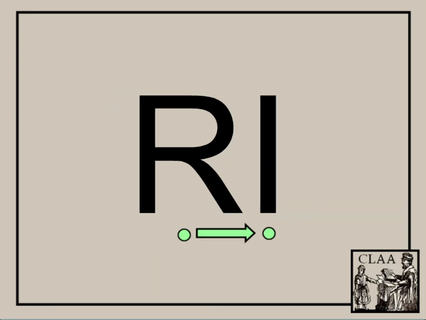This time we'll finish with the vowel I. Point to the green dot under the consonant R and we'll begin. Ri, ri, ri.